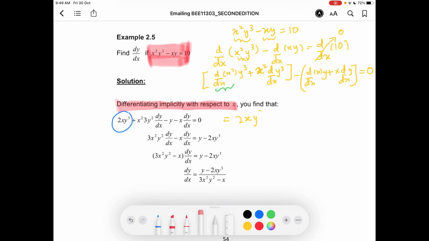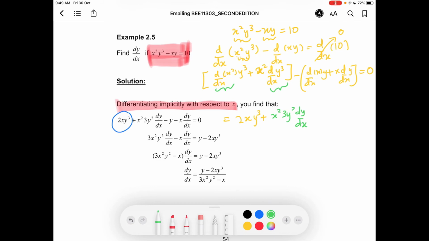So this is 2xy cubed plus, and we try to solve this one, x squared. We differentiate y cubed, it will become 3y squared dy/dx.